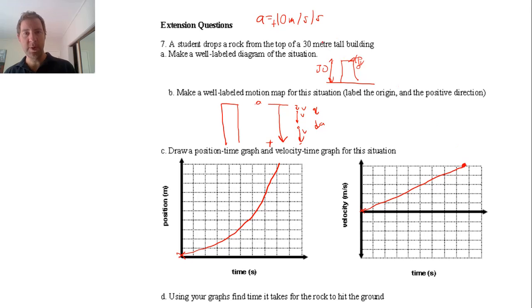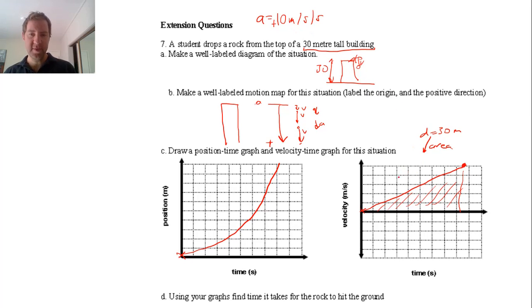A 30-meter tall building. So I've got 30 meters. Displacement of 30 meters. What does that look like on my graph? That's the area. So I know the area of this graph is 30 meters. I also have the acceleration.